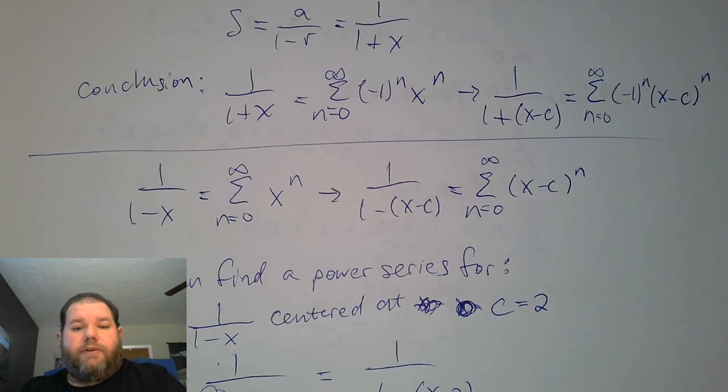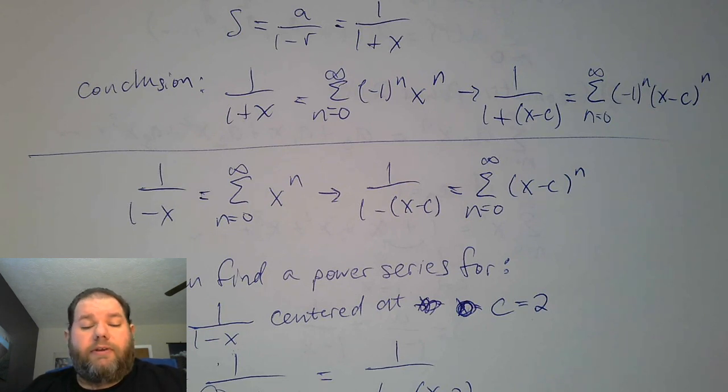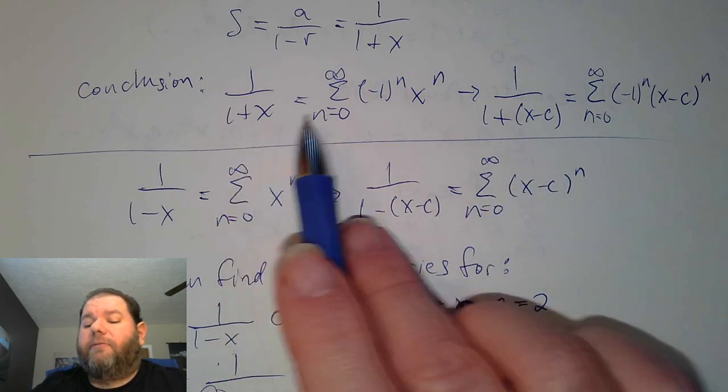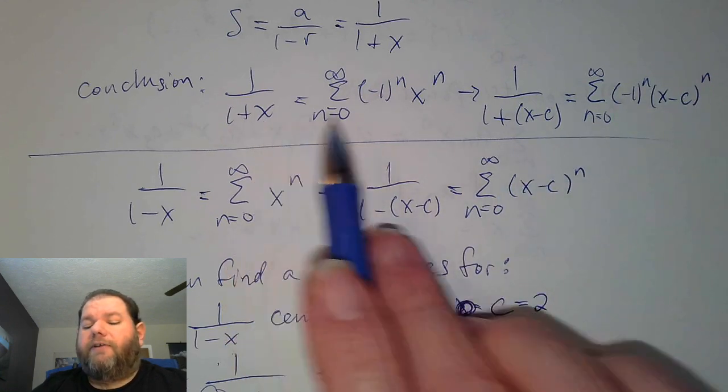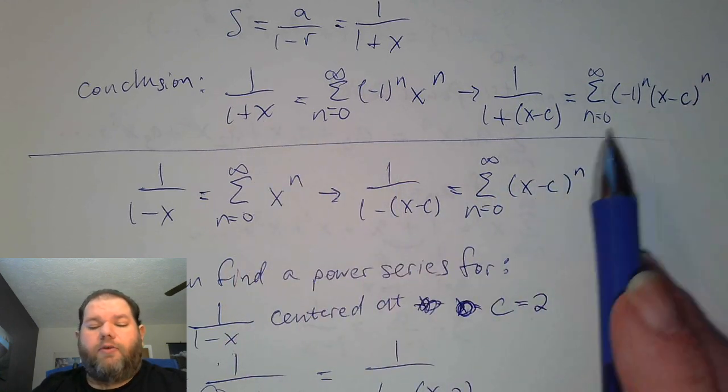And that's an important distinction: both of these basic power series we arrived at can be centered at something besides 0. And so we have very similar formulas with the center of c. We just change it from x to x minus c in both places.